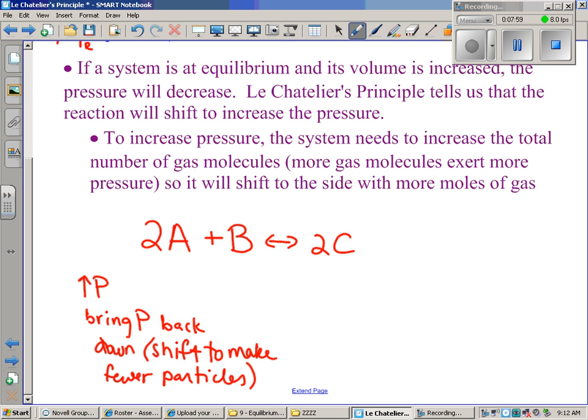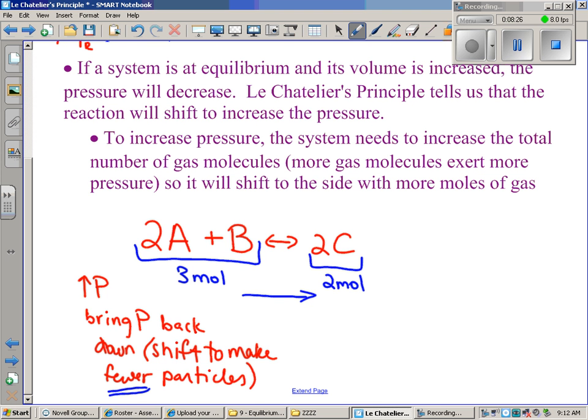If you look on this side of the reaction, we have 3 moles of gas, and on this side we have 2 moles. So if this system wants to bring the pressure back down, it needs to shift to whichever side has fewer particles, because fewer particles are going to exert less pressure. So this reaction would shift to the right and make more C in order to bring down that pressure.